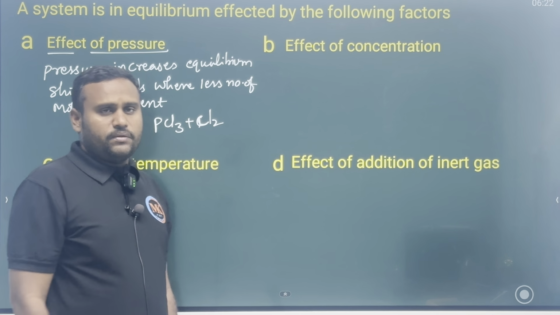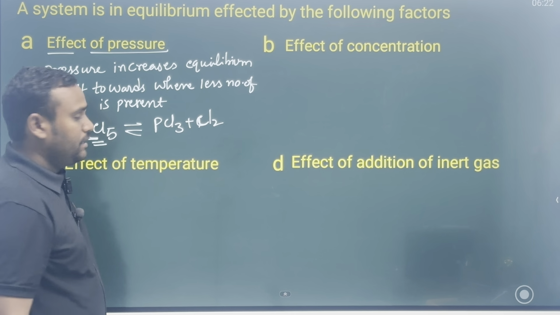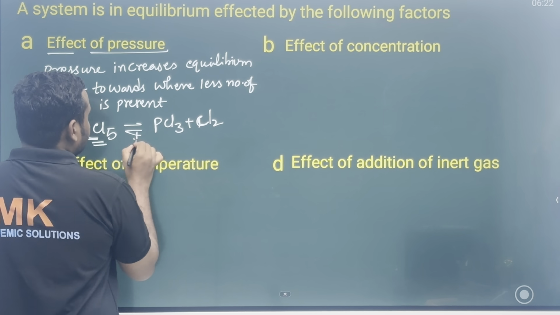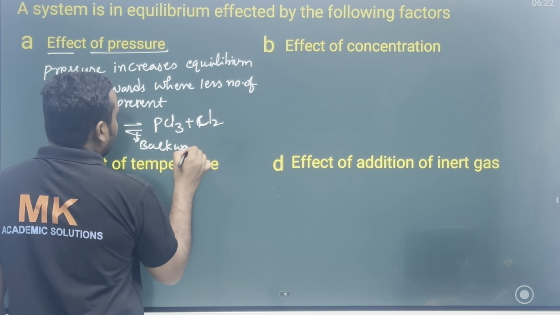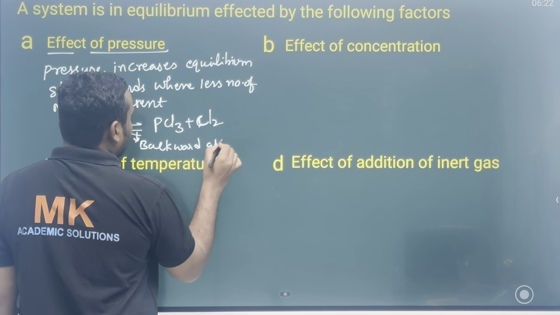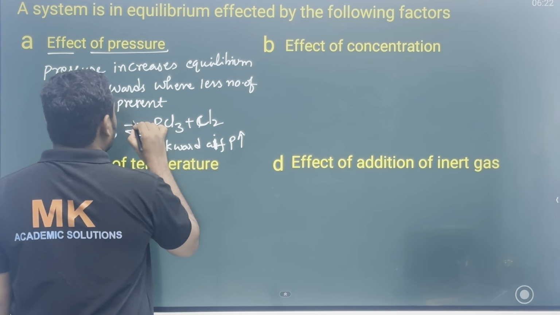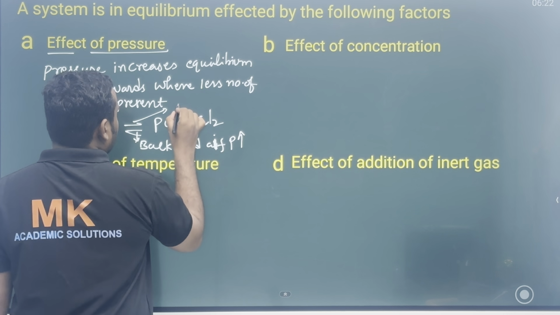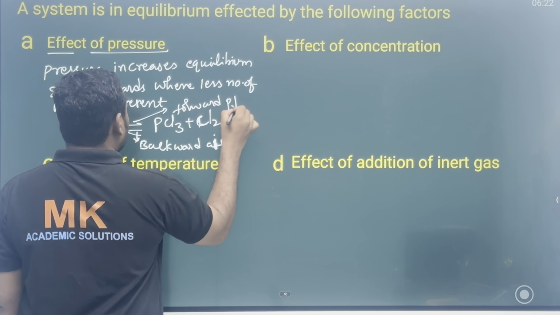Here, which side has fewer moles? The reactant side, so backward if pressure increases. If pressure decreases, forward.